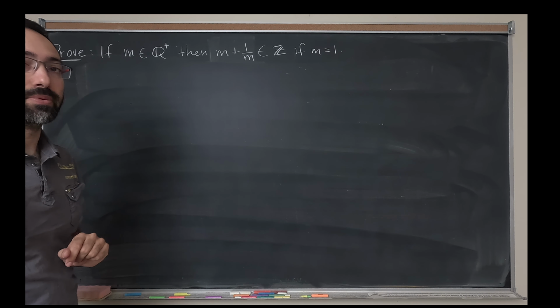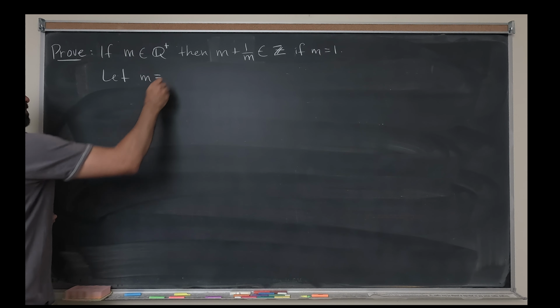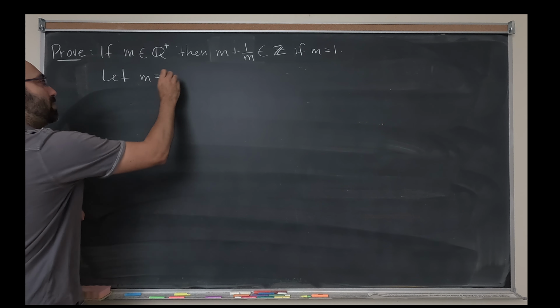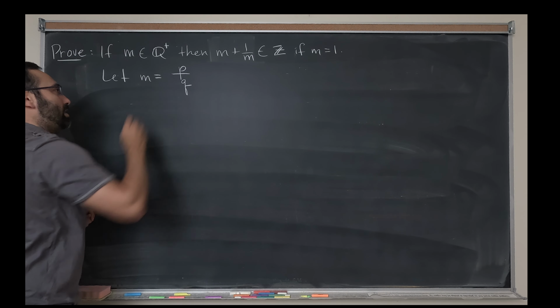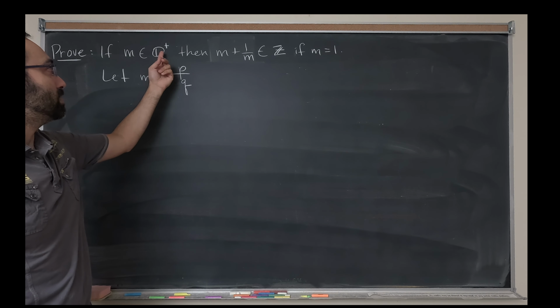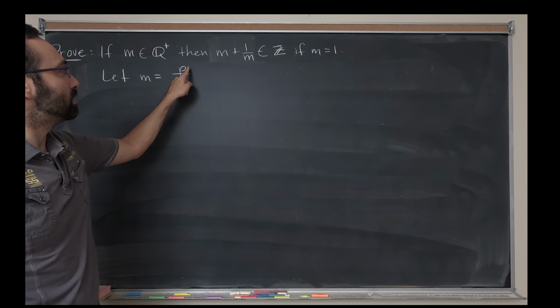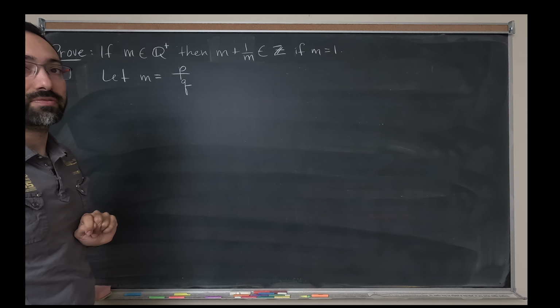m is a rational number, so let's express m as a fraction with a numerator p and a denominator q. Now, because we're assuming m is a positive rational number, let's make p and q positive integers.